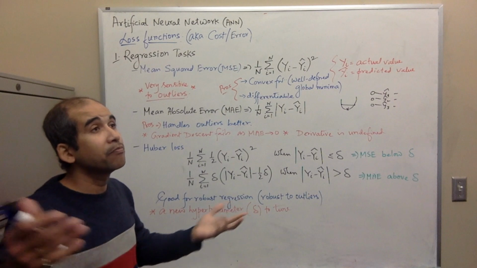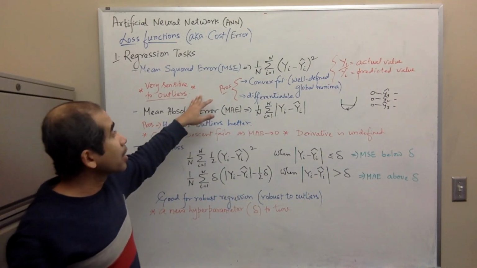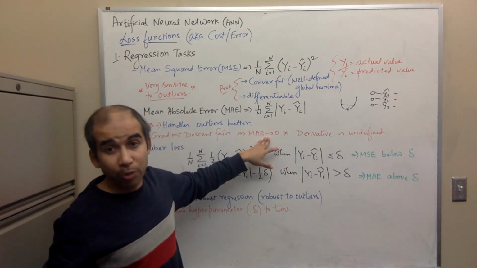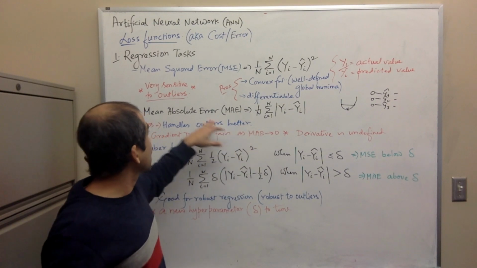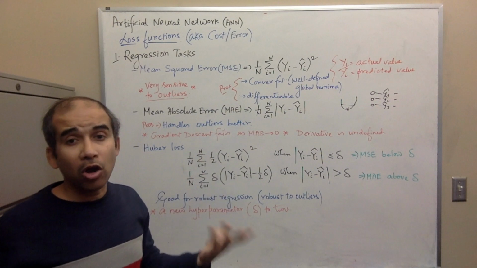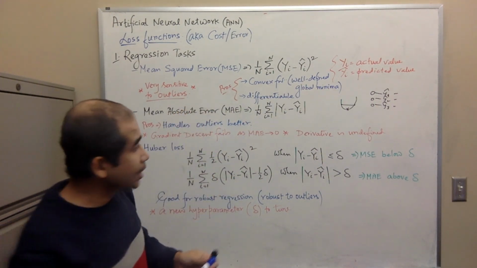So we have to take the best of both worlds. When the outliers are large, meaning the error is pretty large, we will use MAE. And when there are not many outliers, we will use mean squared error.